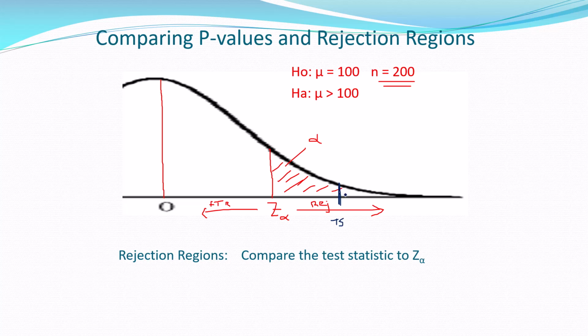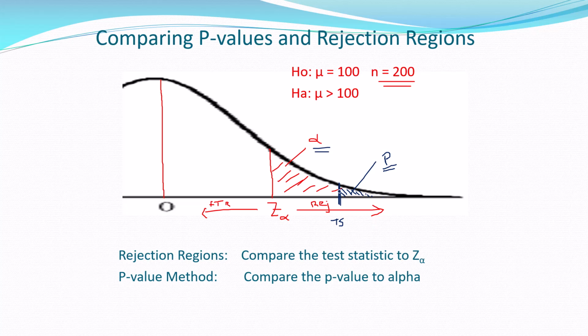And we've seen the p-value is the probability of getting a value even further out in the tail. So this blue shaded region here would be the p-value. And we've talked about how we interpret p-values. If the p-value is low compared to alpha, we reject H naught. That's the second part you see here: compare the p-value to alpha.